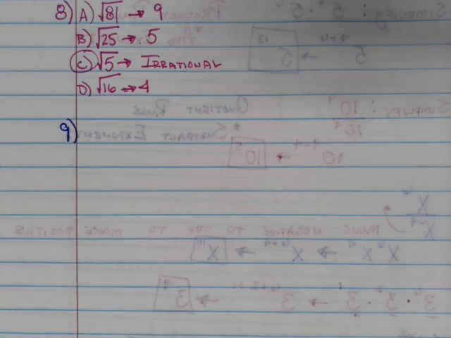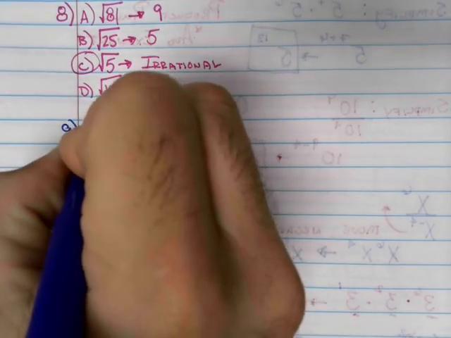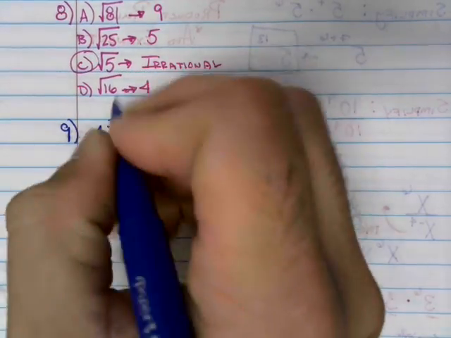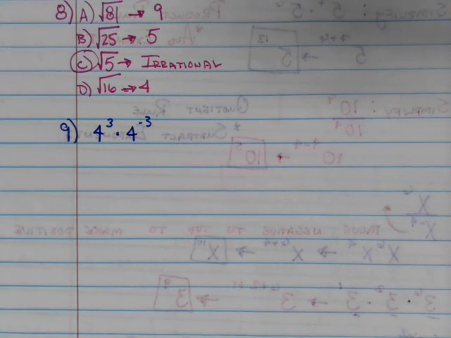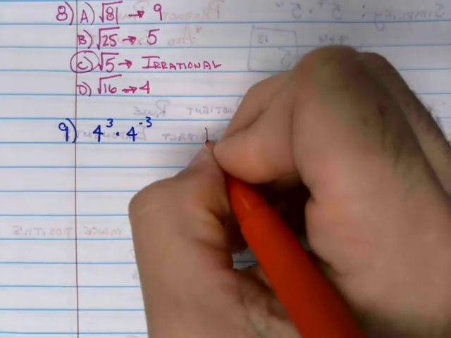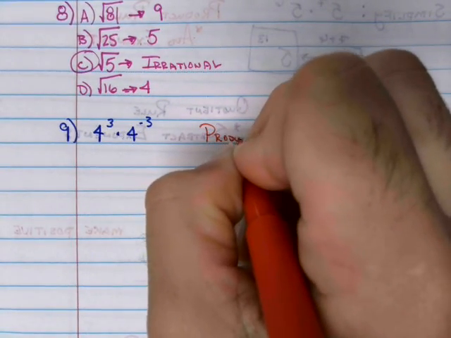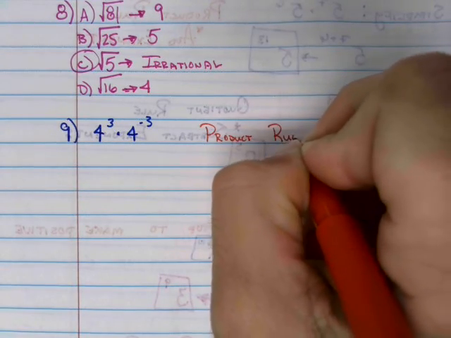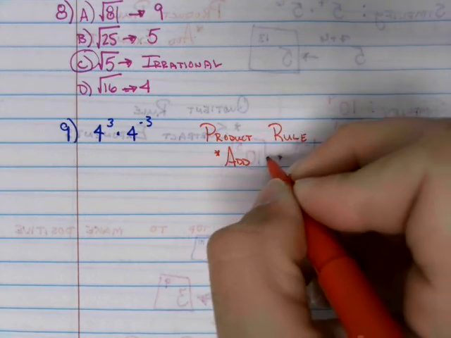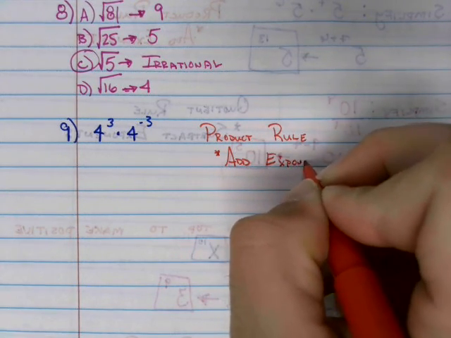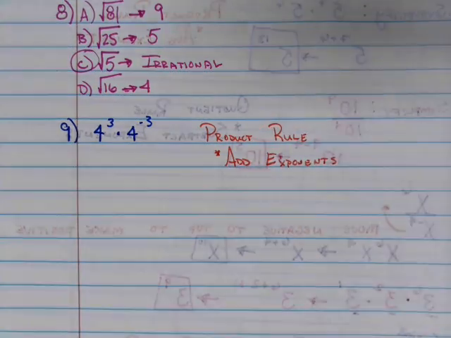All right. 9 says, which is equivalent to 4 to the third times 4 to the negative 3. What rule do we have going on here? They're being multiplied, which is our product rule. With our product rule, remember we add our exponents. All right.